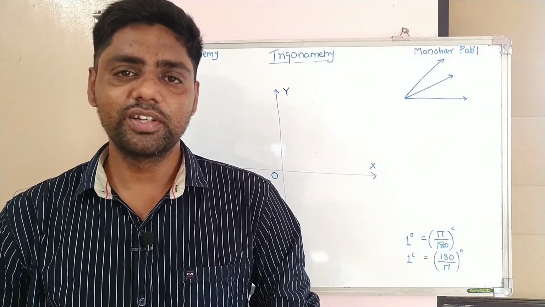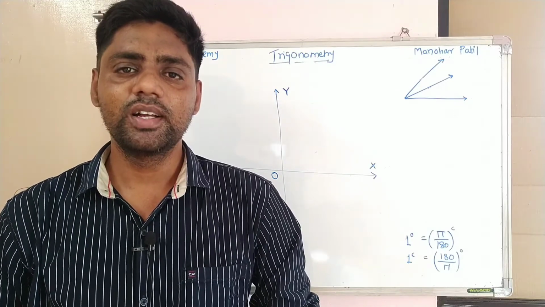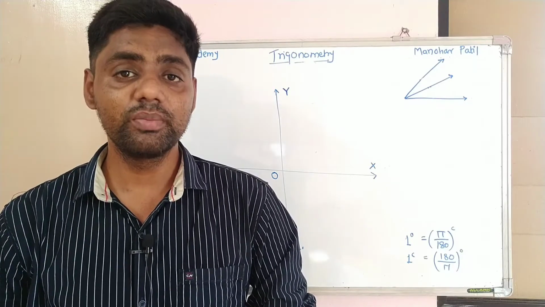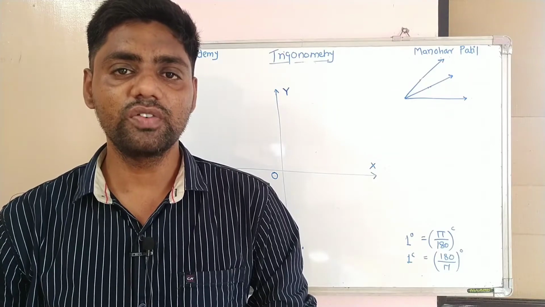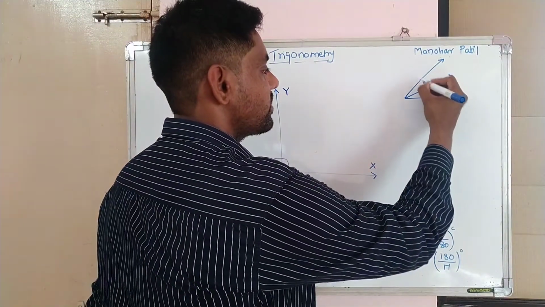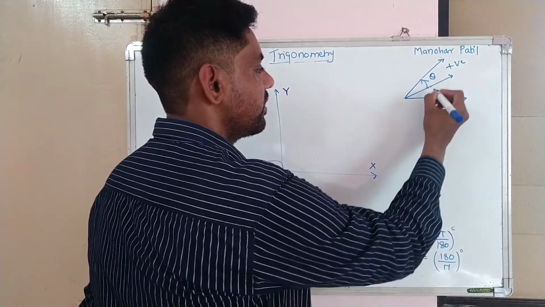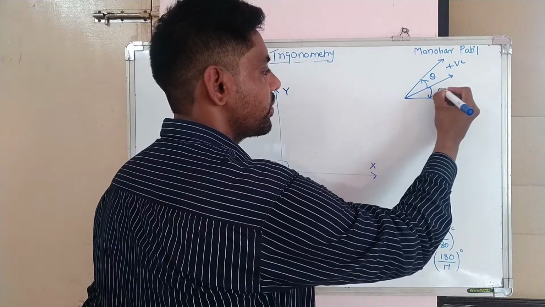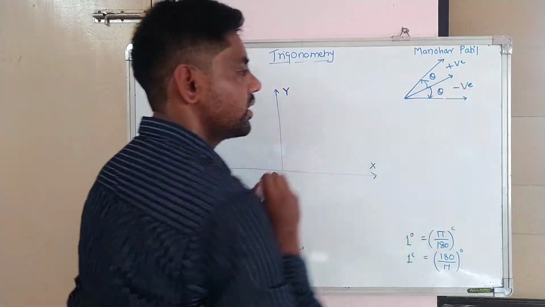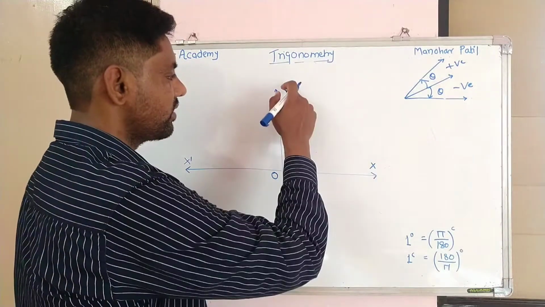Now we study the representation of angle in quadrant form. Before that, you must remember the sign convention of angle. The anticlockwise sense of rotation must be taken positive, and the clockwise sense of rotation must be taken negative. Here this is a quadrant system, x axis and y axis.